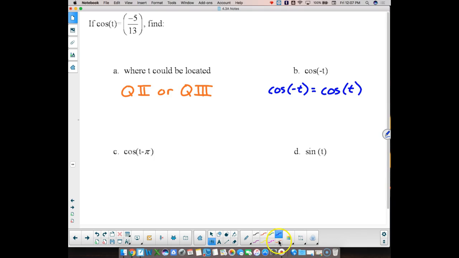So the cosine of negative t is equal to what in numeric value for this particular case? Negative 5 over 13. Because that's what cosine of t is, given to me in the problem.